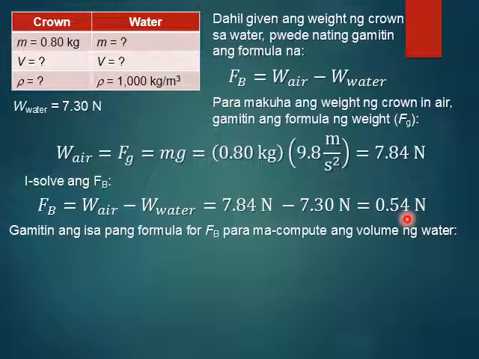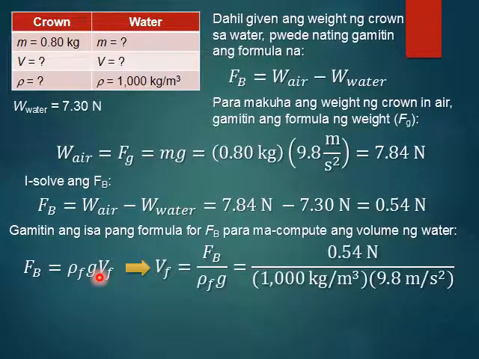So, from here, gamitin pa natin ang isa pang formula for FB para makompute naman this time yung volume ng water. So, gagamit na tayo ng rho GV. Okay? So, para ma-solve natin yung volume, yung volume na makukuha natin, that's equal to FB over rho G. So, that's 0.54 newtons over 1,000 kilograms per cubic meter times 9.8 meters per second squared.